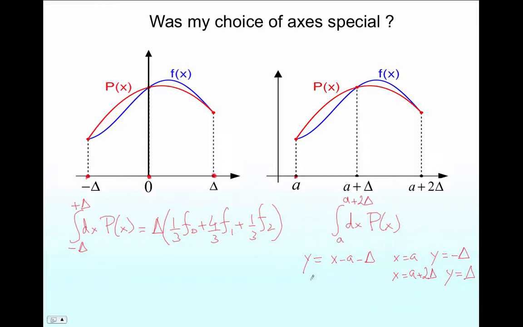And since dy is the same as dx, we have exactly the same integral, dy with y going from minus delta to plus delta. Instead of p of x, we have p of y, but that makes no difference because this is a dummy variable of integration. And so this has exactly the same value as over here. And again, this will be f0, and this will be f1, and this will be f2.